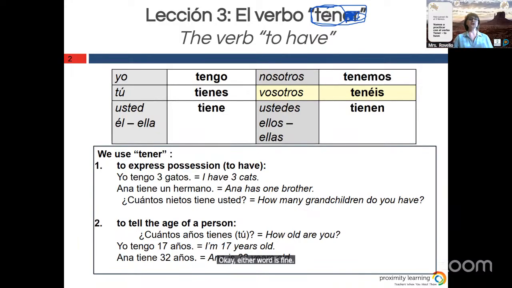So I want you to notice a couple of things. Who can tell me which form of the verb changes the spelling of the stem? So looking at the chart, which forms change the spelling of the stem?